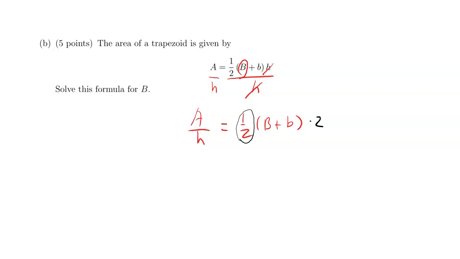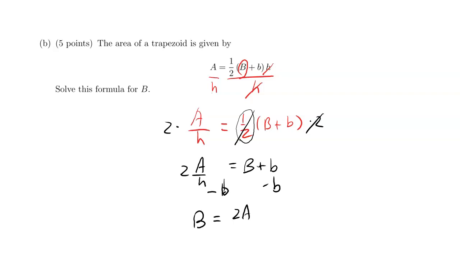If you multiply by 2, 1/2 goes away, because 1/2 and 2, when you multiply them, they cancel. And finally, you have B plus lowercase b equals 2a over h. And finally, you move the b to the other side, or you can also just subtract b. That's another way to put it. Minus b, and you get capital B equals 2a over h minus b. That's the answer.